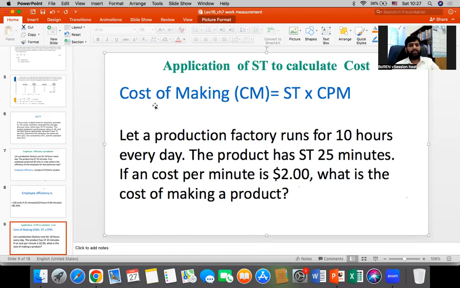Are you getting the point? So let a factory run for 10 hours every day and the product has 25 minutes standard time. If the cost per minute is $2, what is the cost of making a product?